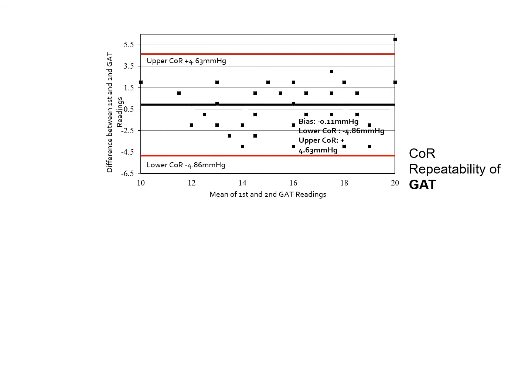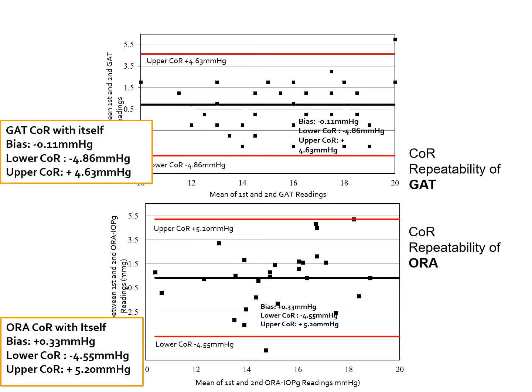But what's important is the correlation of repeatability is pretty much plus or minus 5 millimeters of mercury. And the repeatability, the correlation of repeatability of the ORA is, quite frankly, equally bad. It's again pretty much plus or minus 5. You'd kind of think perhaps because it was an objective machine it might be better, but it's still pretty wild.